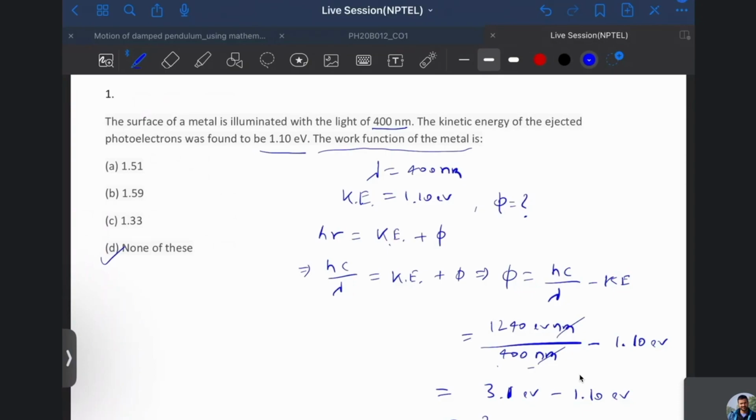I couldn't understand your question. Can you please say it again? In every problem, suppose in the coming examination there is the same type of problem, is it compulsory to use this formula, 1240 eV by 400? Yeah, you can use this. Okay, sir, thank you, sir.